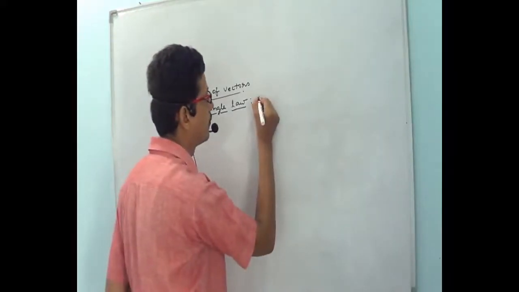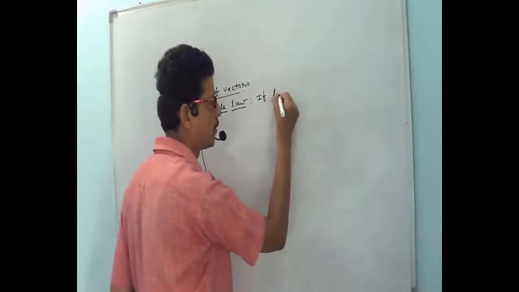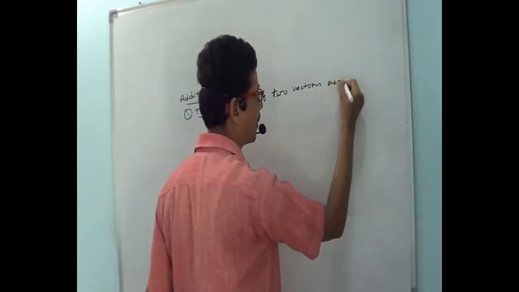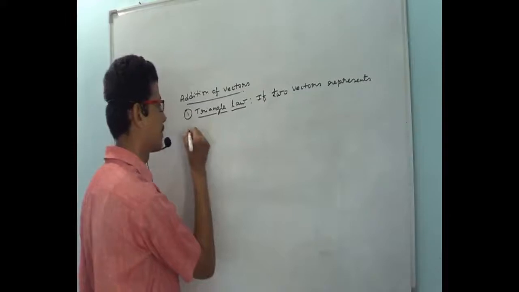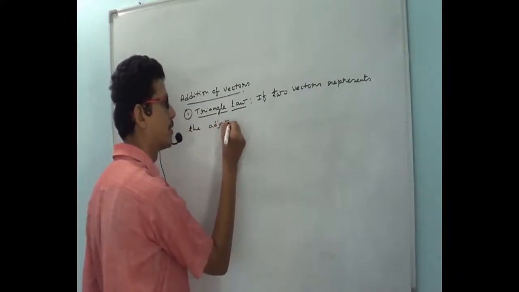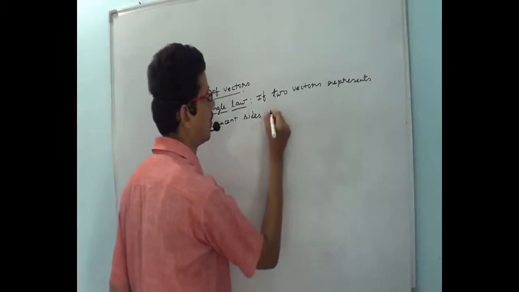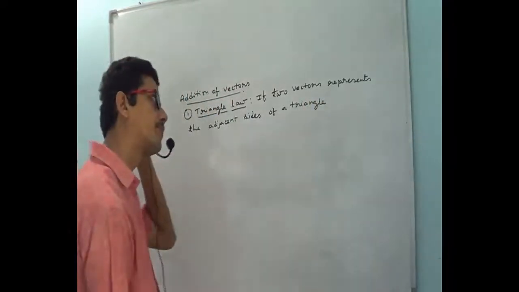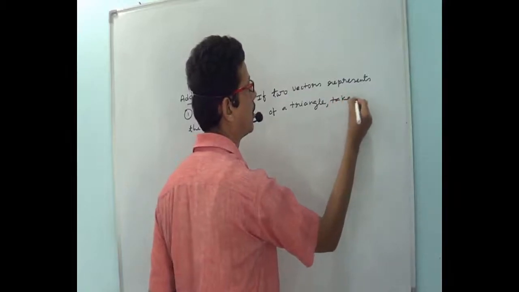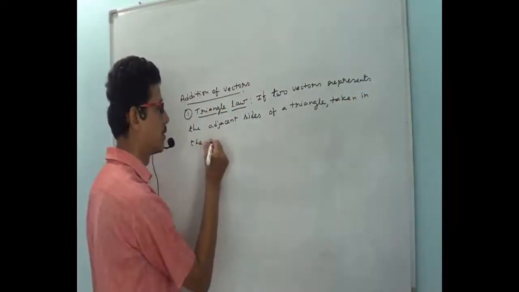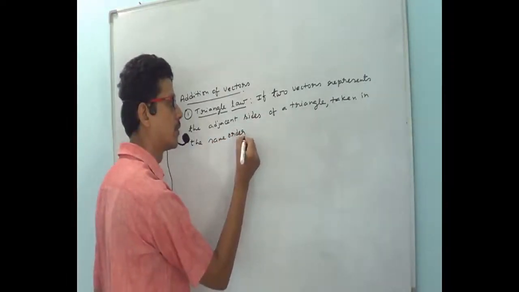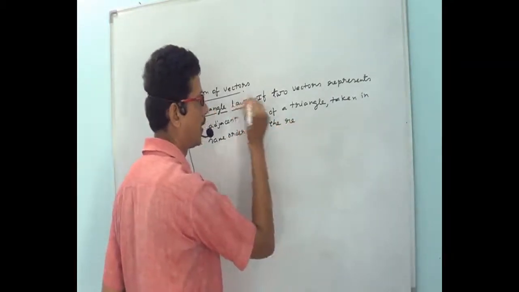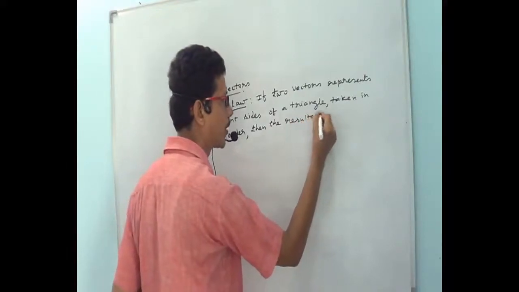If two vectors represent the adjacent sides of a triangle taken in the same order, then the resultant of these two, resultant meaning adding of these two, a new vector.